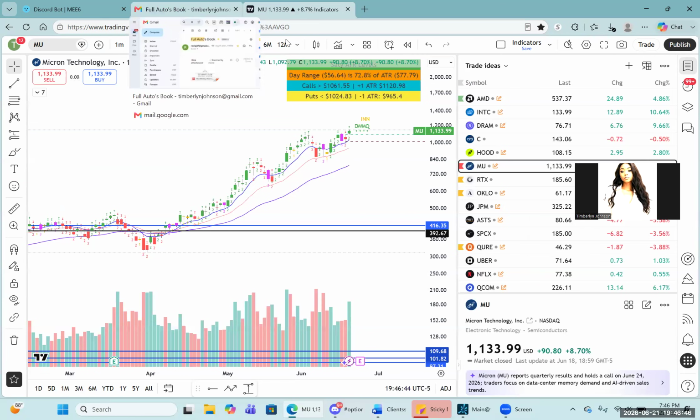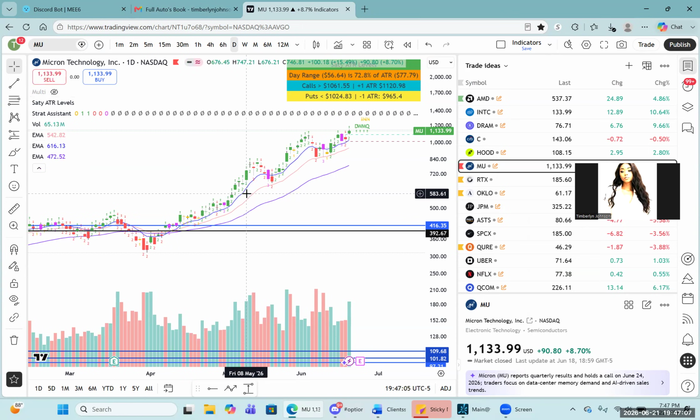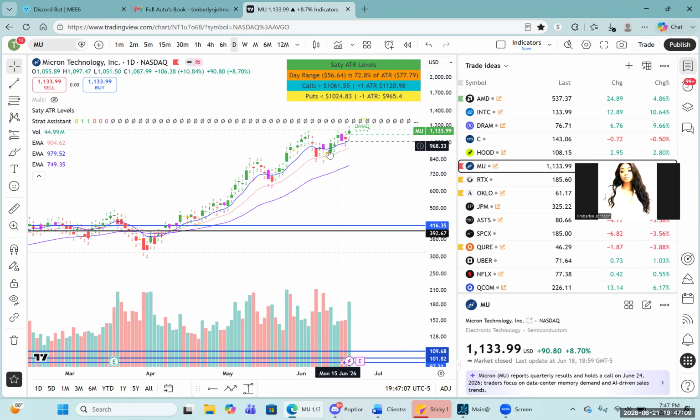But basically, you want to have the 9 EMA, the 21 EMA, and the 50 EMA on your charts, okay? And the 9 and 21 are the most important for what we're doing. So we're considered swing traders or day traders, right? And when the 9 EMA is over the 21 EMA, it's pretty much bullish, right?